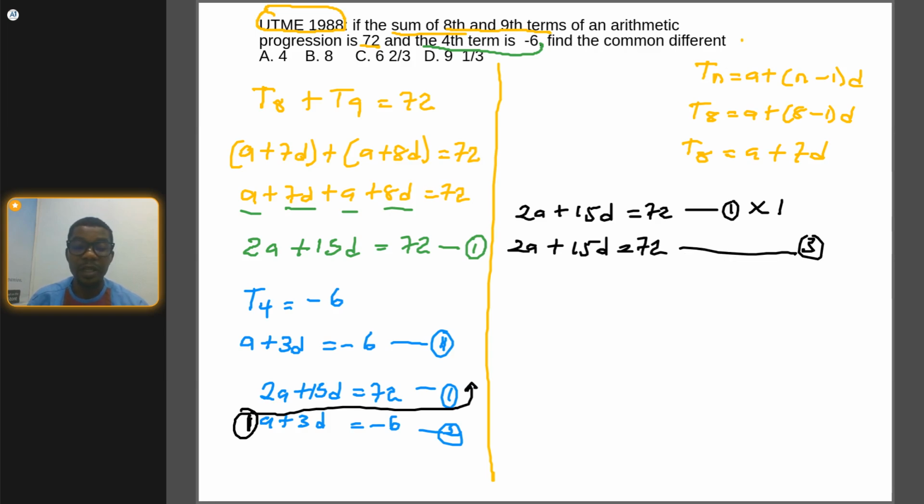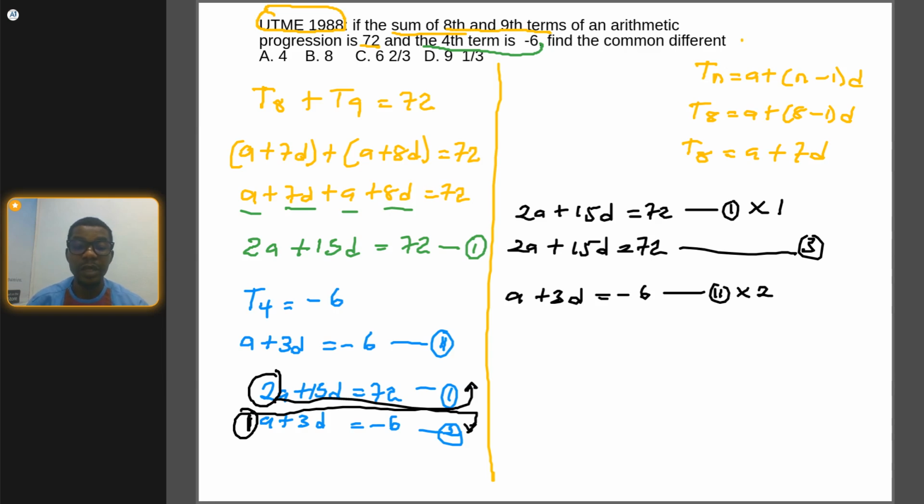Now let's multiply equation 2 by the coefficient of a in the first one. That is 2, so I'll be multiplying this by 2. We have a plus 3d equals minus 6, that is equation 2 multiplied by 2.